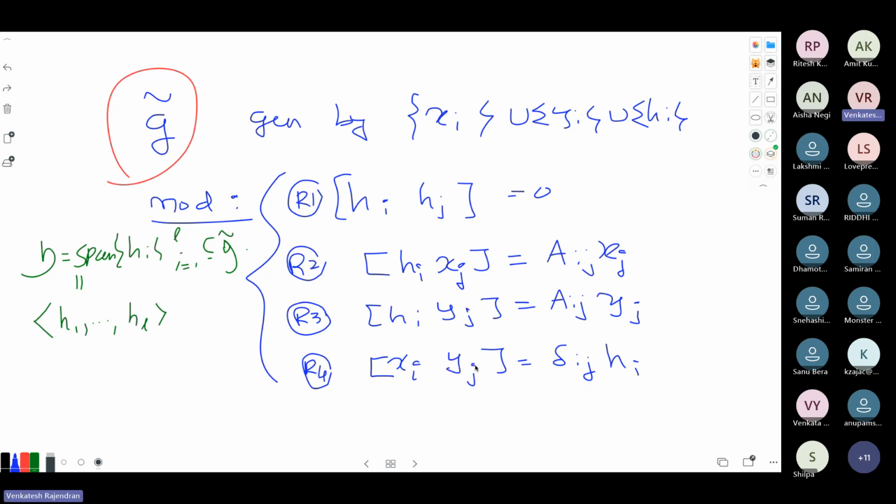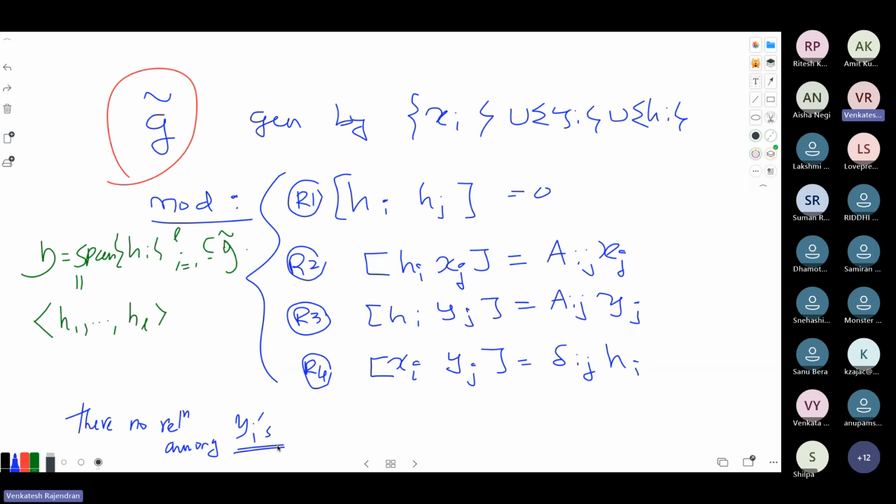In these relations, you don't have any relations among the y's. So if I take the yi's, there is no relation among y. Similarly, there is no relation among the x's also. But you have to fix one of them, because mostly in highest weight theory you work with n minus, n plus always separately. That is why it's okay to work with these y's.